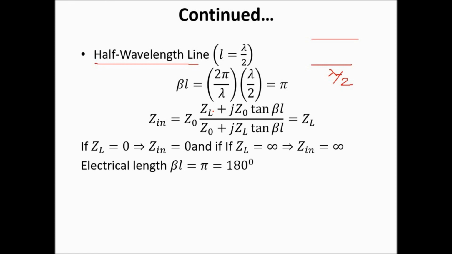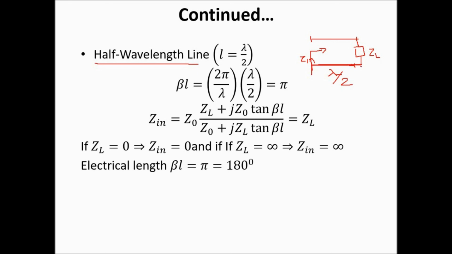So that means if you have a half wavelength line, if the length is lambda over 2, then the impedance at this point is equal to the load impedance. So Zin is equal to ZL. If you measure at lambda over 2 distance, you will get ZL.